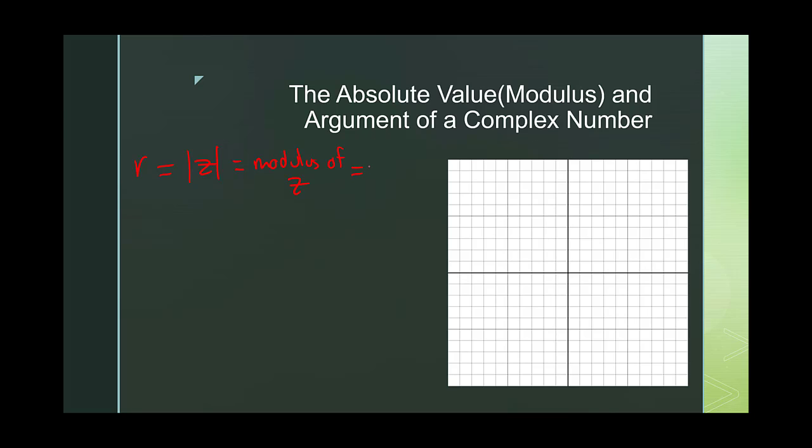But we still have the same formula though. Like we had back in polar coordinates in Calc 3, this is still just the square root of x squared plus y squared. Then our angle phi, we call that the argument. So the argument of z is our angle phi.